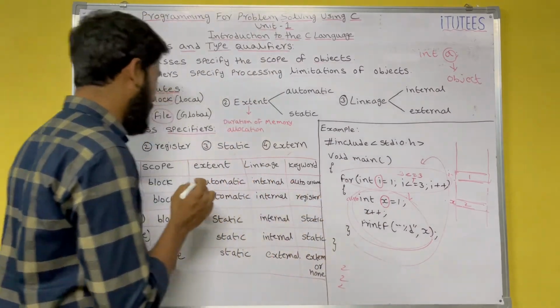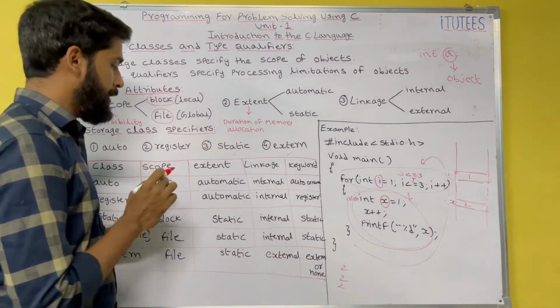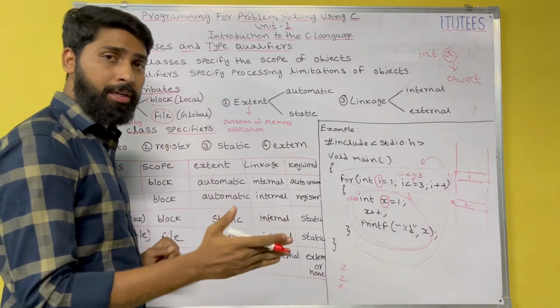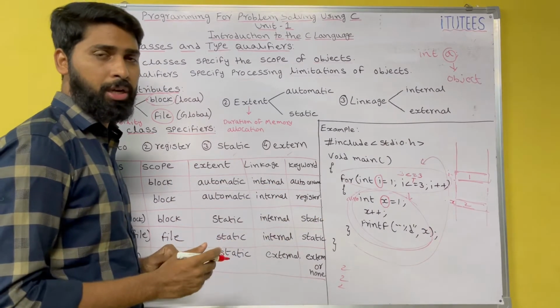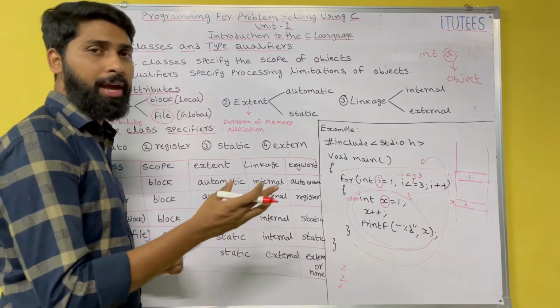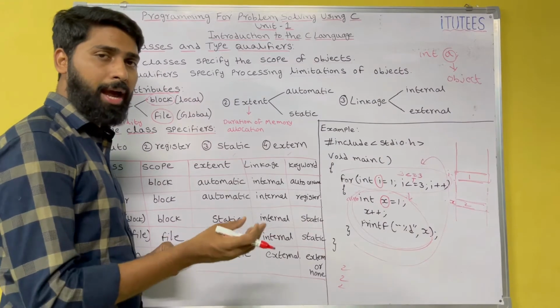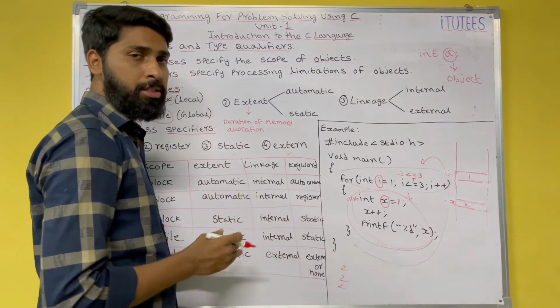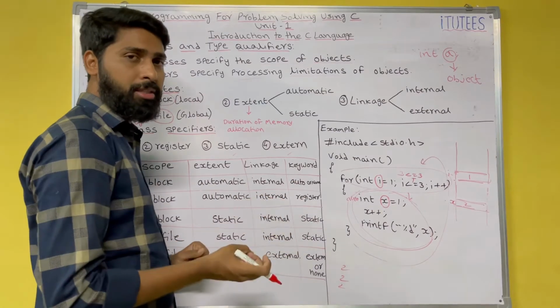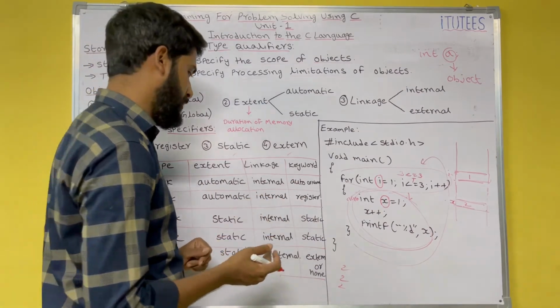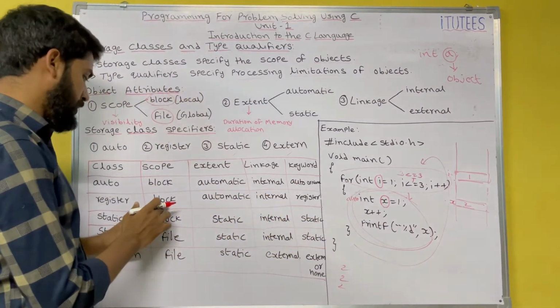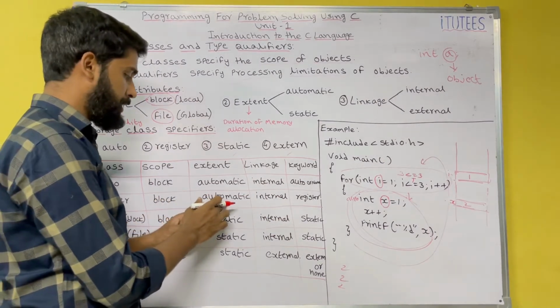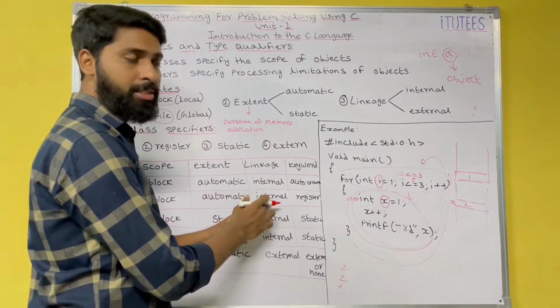But if you declare a variable as register, then the memory is allocated in CPU registers. The advantage is quick access. The CPU can access the variables very quickly, while the registers are in the CPU. Very quickly it can access the data and perform operations. Remaining all same: scope is block, extent is automatic, linkage is internal.